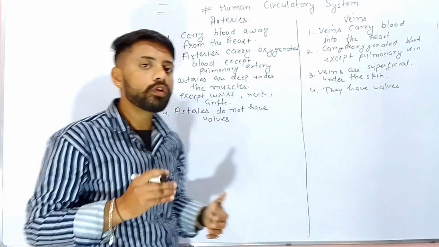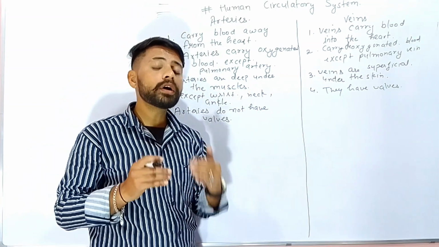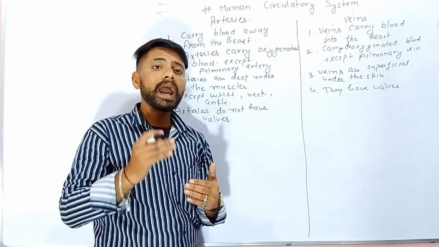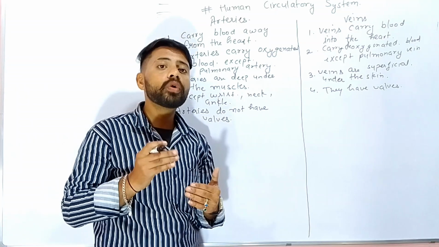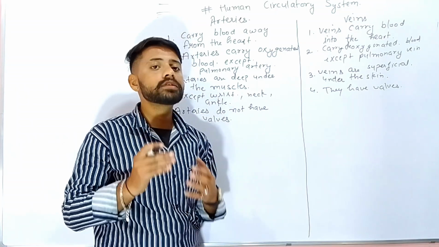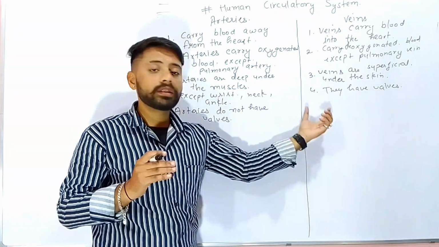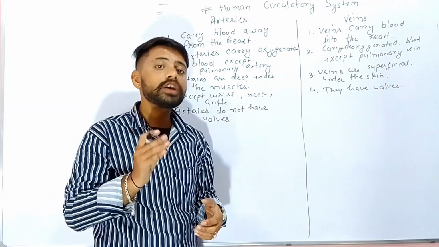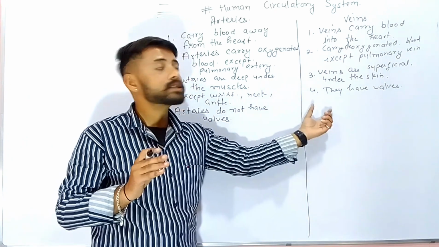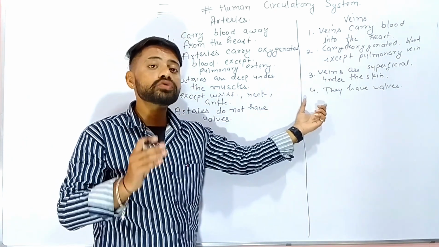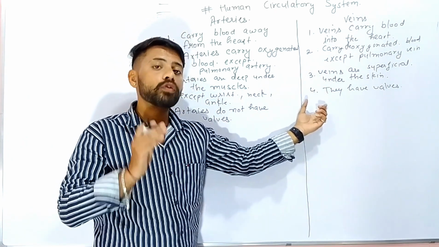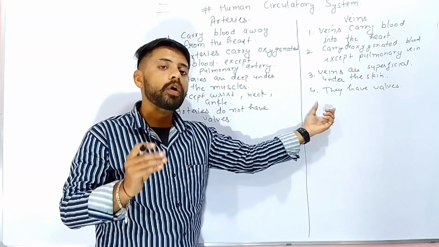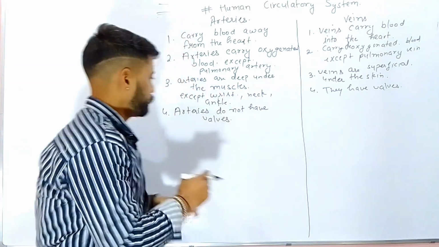Suppose the blood has to go from the feet to the heart, the blood moves opposite to gravity and it moves on its own with the help of muscles, as there is no pumping organ in the veins. So the need of valves is necessary in veins to prevent the backflow of blood, so that there will be unidirectional flow of the blood from the body organs to the heart.